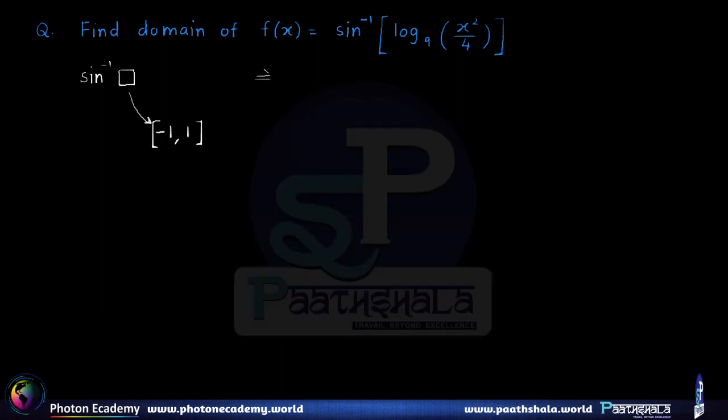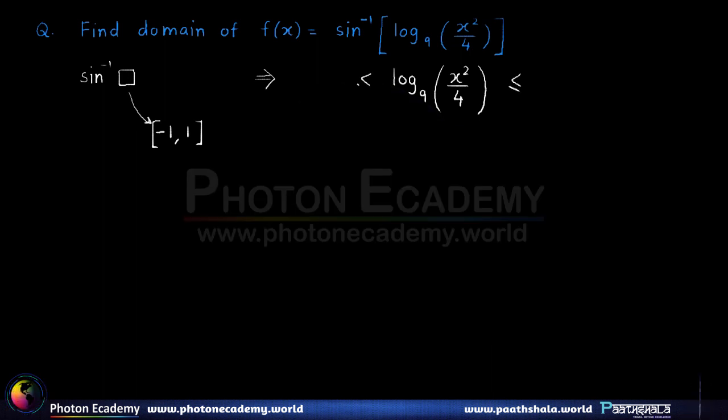So this gives us the restriction that the quantity log of x square by 4 must lie between minus 1 and 1. Now we observe that the log is taken to the base 9, a number which is greater than 1, right?